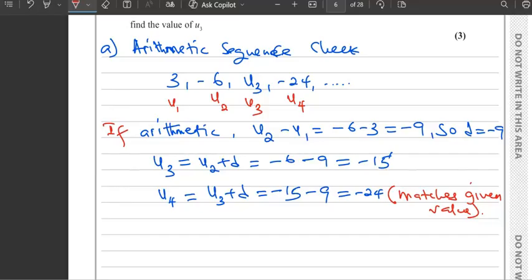So you realize that this works, which means that an arithmetic sequence is possible.